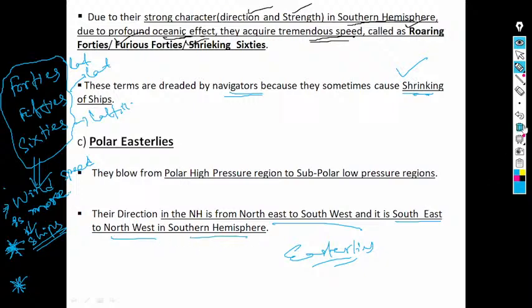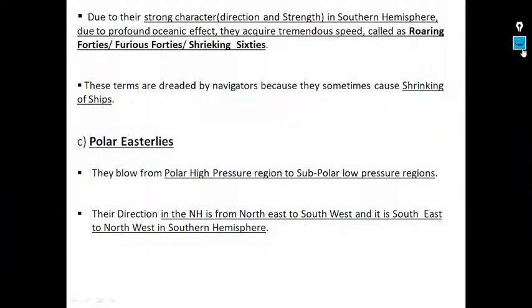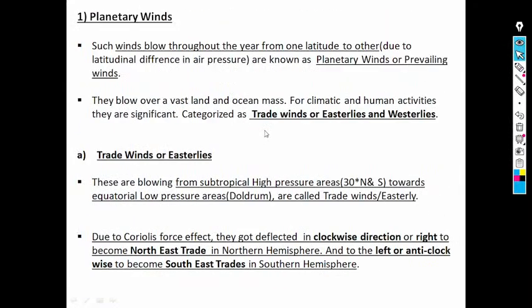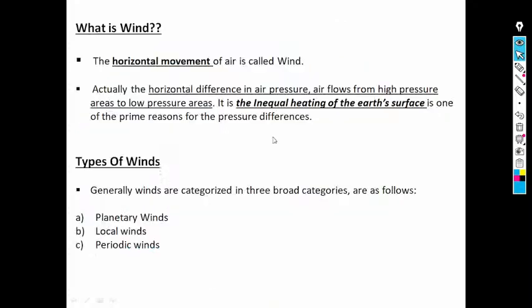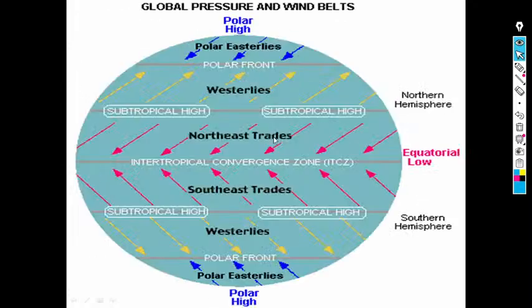Just look at this map, it will be more clear. Understand this as well: southeast to northwest, exactly the same direction.